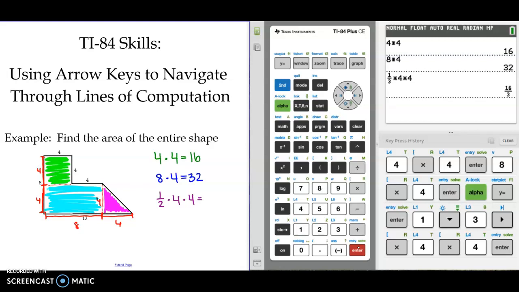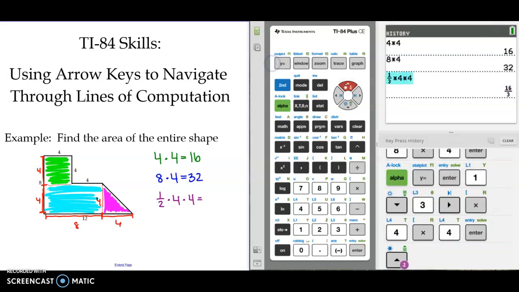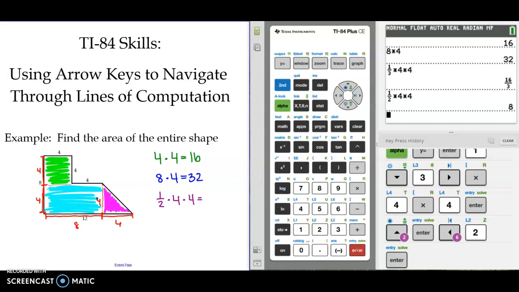So what I can do in order to fix that, I don't have to type the whole thing in over again. I can arrow up to that calculation that I messed up. I can hit enter to reproduce that calculation on the last line. And then I can simply arrow over and change that 3 to a 2 and recalculate it.